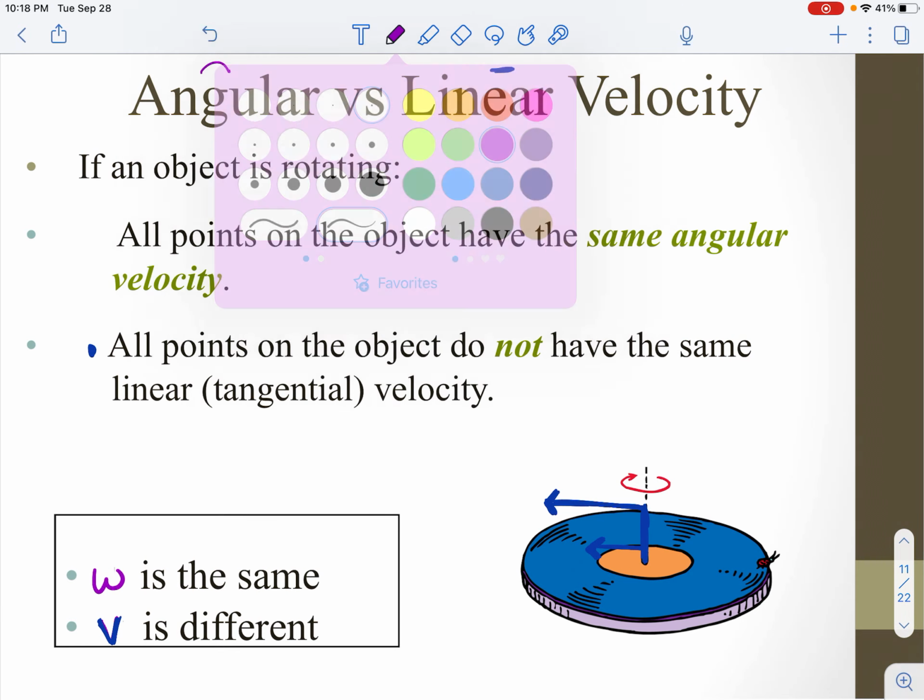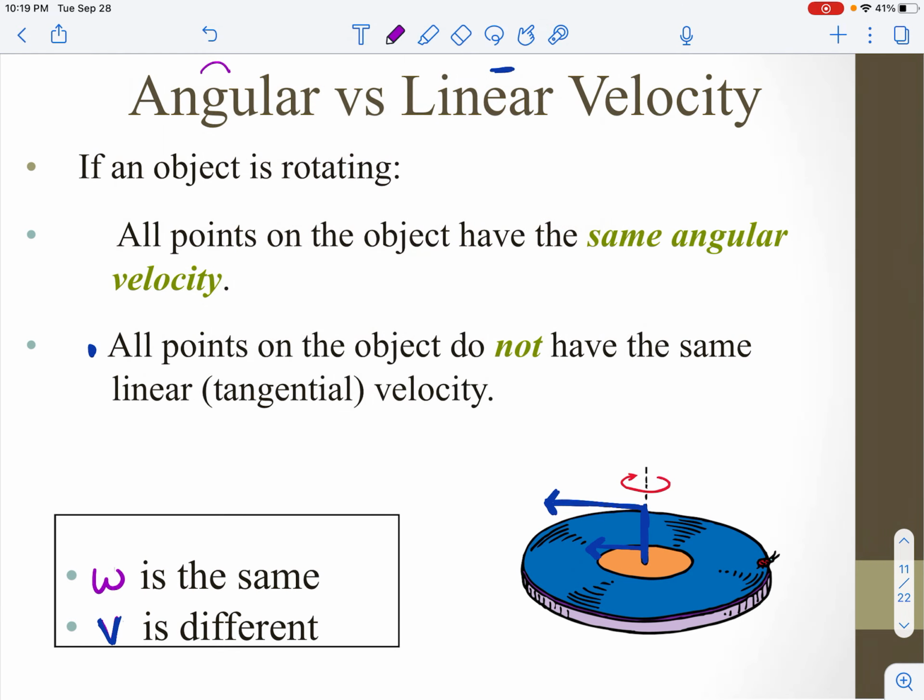Then it says that our angular velocity, so the omega angular velocity, is going to be the same everywhere. As long as this entire thing is spinning at the same speed, then it doesn't matter where we are on the circle, that rotation is the same for the whole piece.